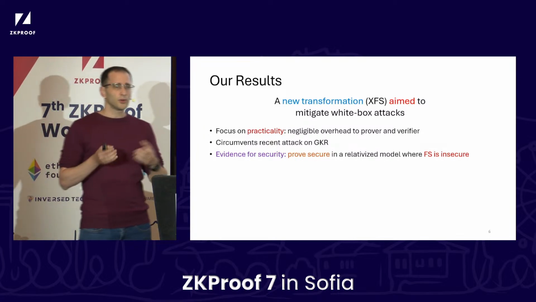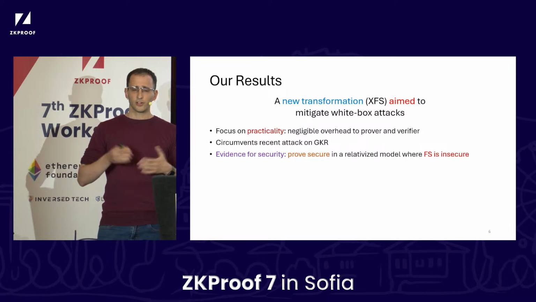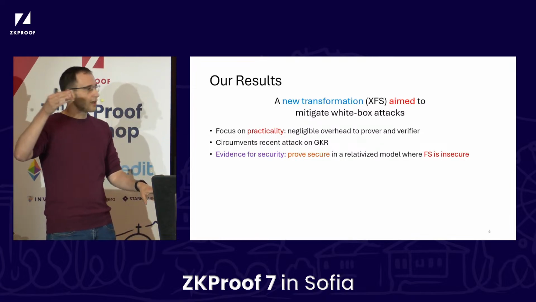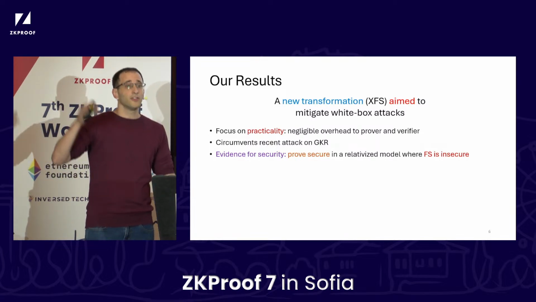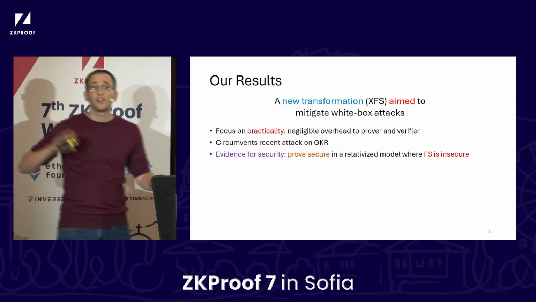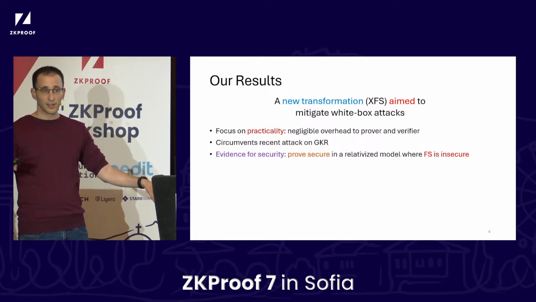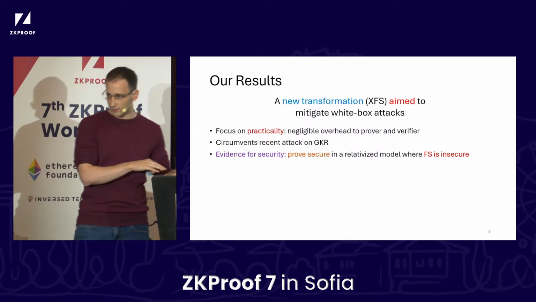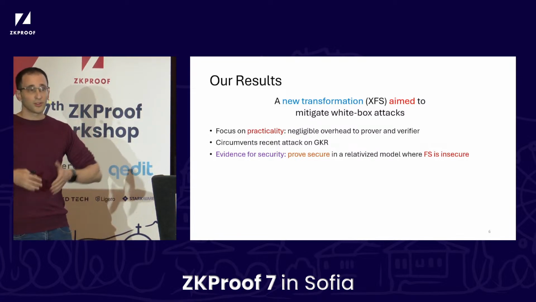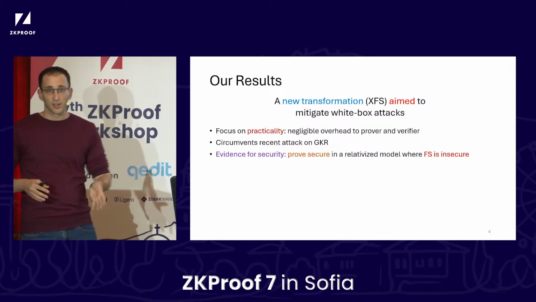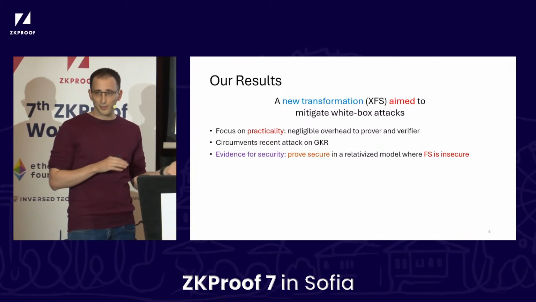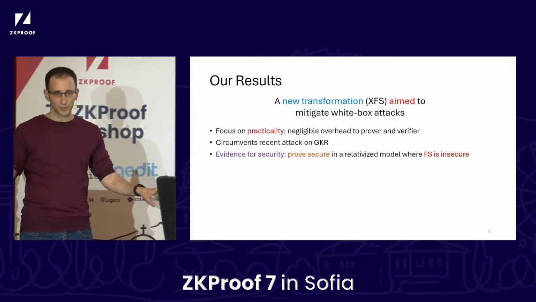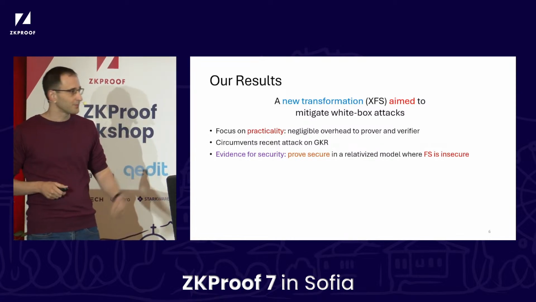But this is an ideal model, like the random oracle model, where we're going to have a random oracle. However, in this model, the Fiat-Shamir transformation is actually not secure, okay? As opposed to the random oracle model, where we can prove that the Fiat-Shamir transformation is secure. So you have a model where the Fiat-Shamir transformation is not secure. However, our XFS transformation is provably secure in this idealized model, okay?